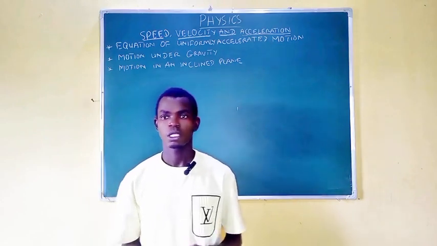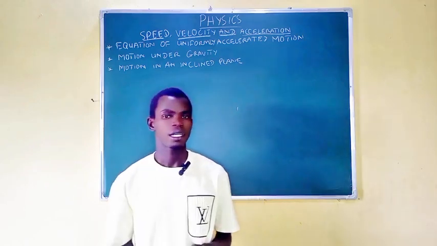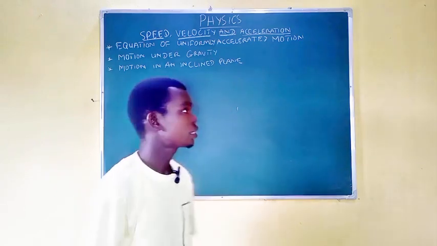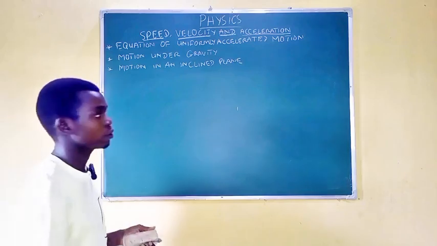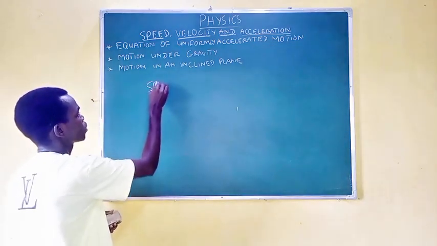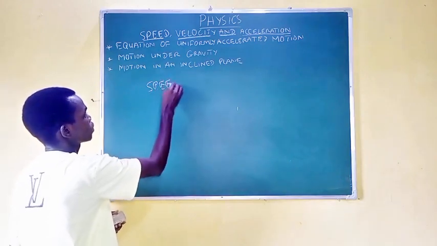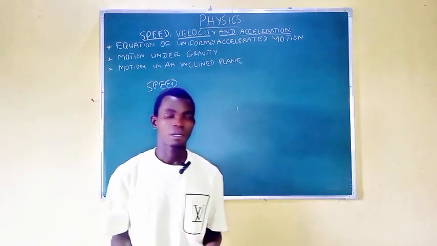What is motion? Motion is the change of position of a body with time, and it can be described in terms of speed, velocity, and acceleration. What is speed? Speed is the distance traveled per unit time.